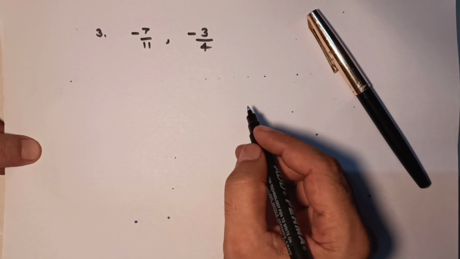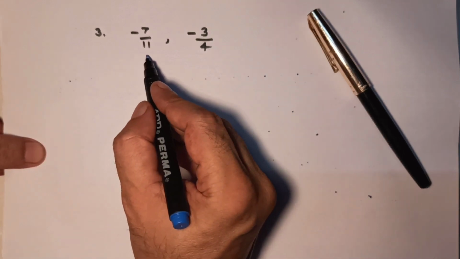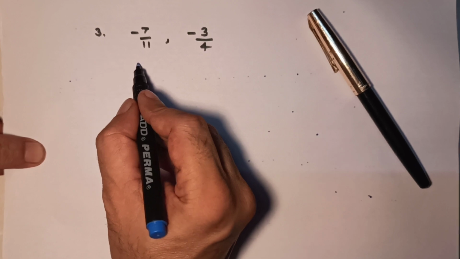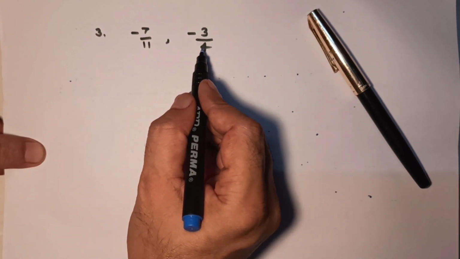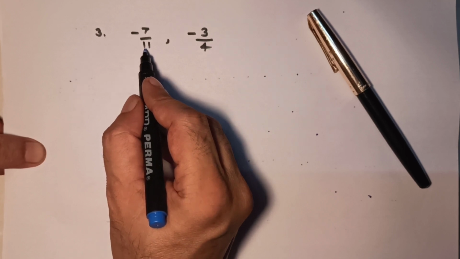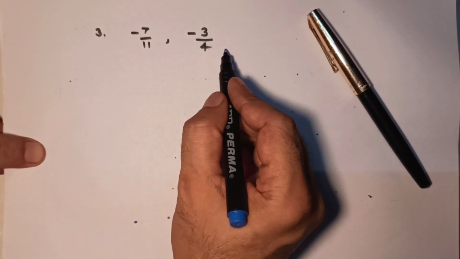Let's see the third question. Minus 7 upon 11 and minus 3 by 4. Again here the denominators are unequal. Here it is 11 and here it is 4. So you can find the LCM of 11 and 4, or rather you can just cross multiply, 11 by 4 and 4 by 11. That will also do.